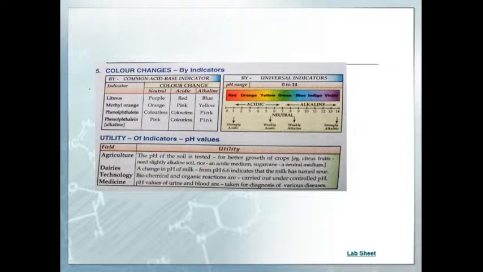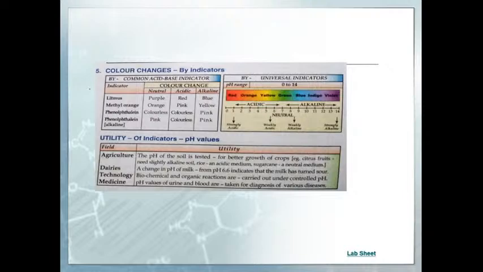If you want a good yield of the plants, you need to check the pH of the soil. If the soil is found to be acidic and the plant can grow well in a neutral medium, you need to add a basic substance to it. Suppose you find that the soil is basic in nature and the crop can grow well in an acidic medium, in that case you need to add something acidic to it, right?